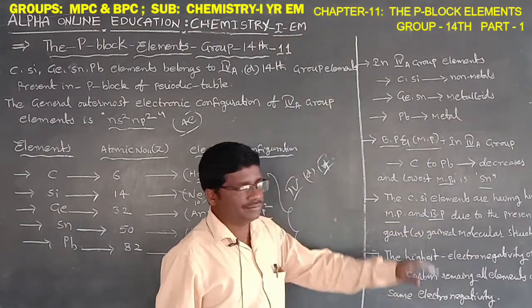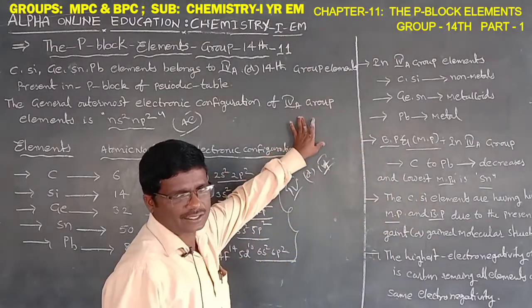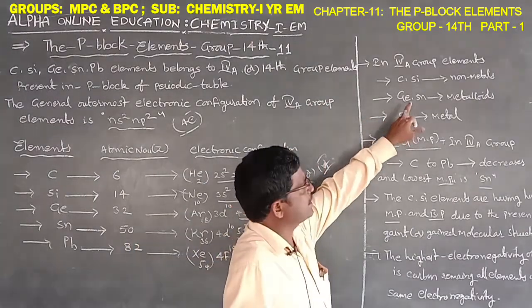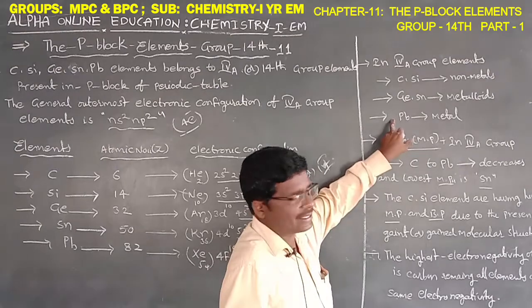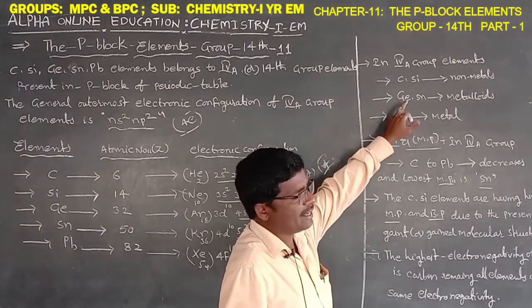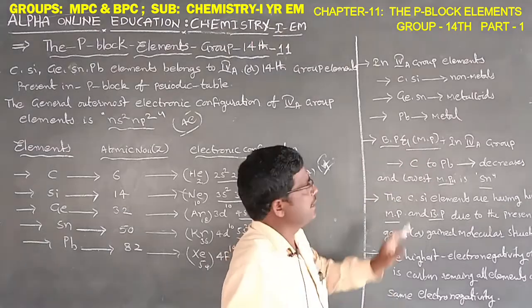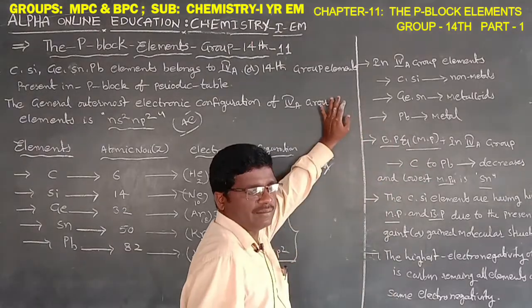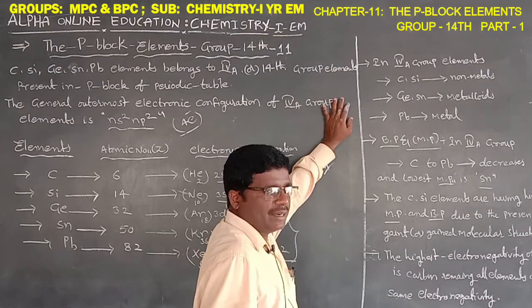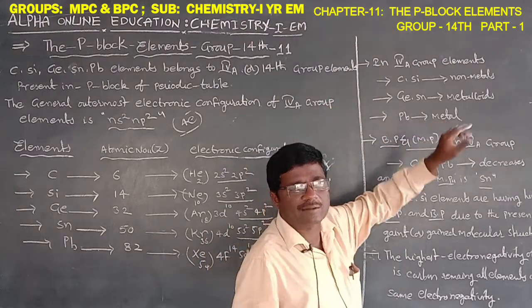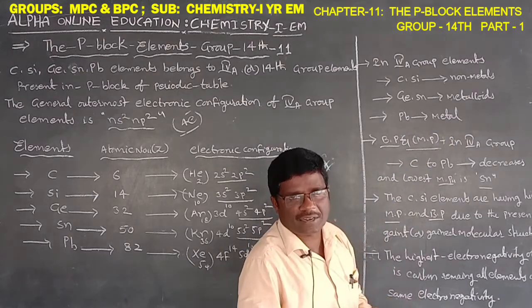Next, general characters. In fourth A group elements, carbon and silicon are non-metals, germanium and tin are metalloids, and lead is a metal. Non-metals means gain of electrons.